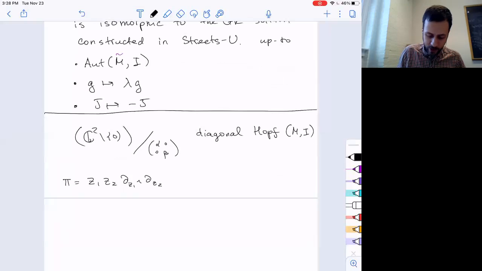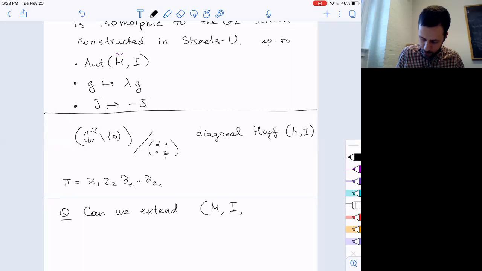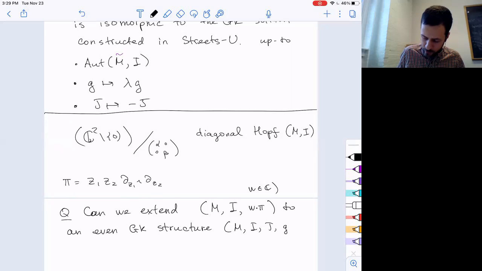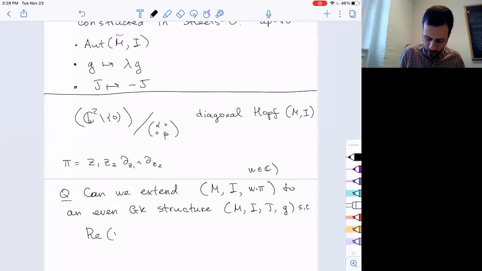Question: can we extend (M, I) and a multiple of pi, say W times pi, where W is a complex number, to an even GK structure (M, I, J, G) such that the real part of W pi is precisely sigma, that is 1/2 [I, J] G inverse?